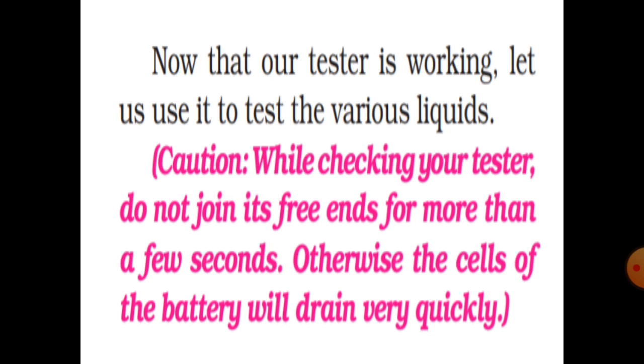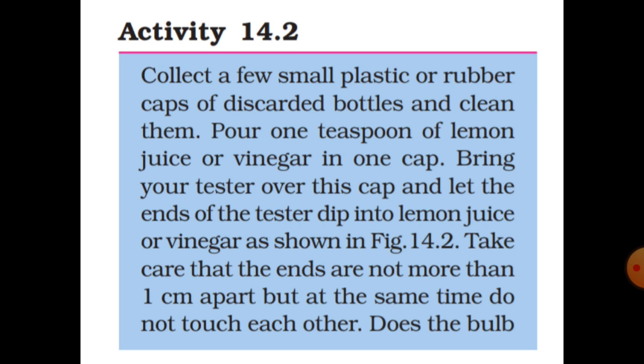Okay, now that our tester is working, let us use it to test various liquids. Caution: while checking your tester, do not join its free ends for more than a few seconds. Otherwise, the cell of the battery will drain very quickly. Collect a few small plastic or rubber caps or discarded bottles.